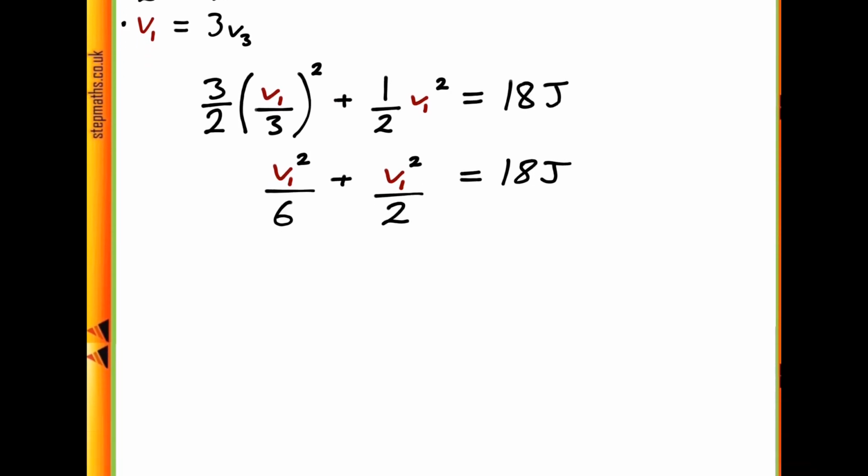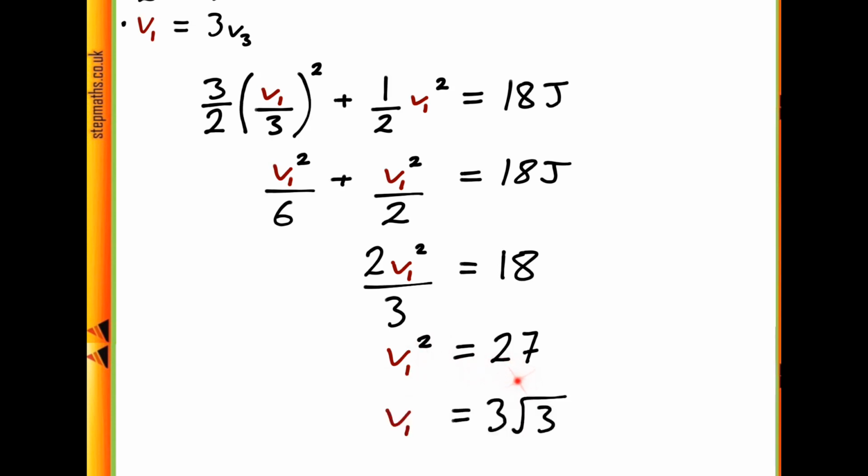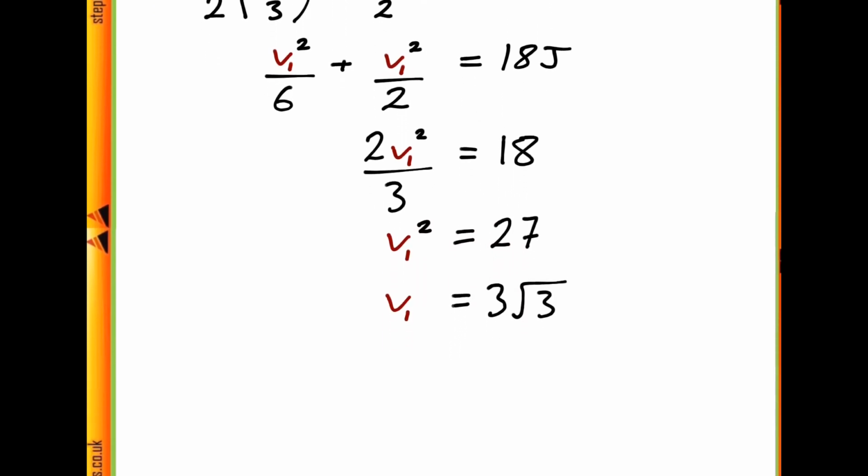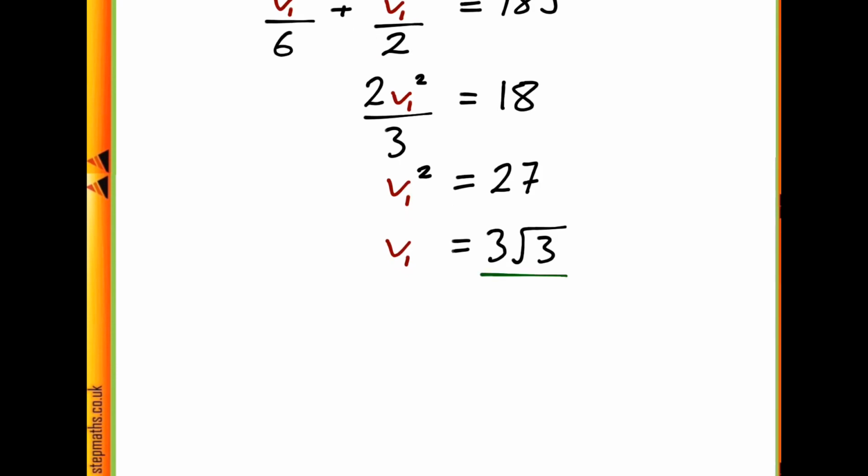Then since we have two fractions with v1 squared, we can just add these two together, to find that 2v1 squared over 3 is just equal to 18. Then we can multiply by 3 over 2 to get that v1 squared is equal to 27. And then square rooting this, we get that v1 is just equal to 3 root 3. So this is going to be our final answer, the answer which we were looking for, and it corresponds with answer B given in the question.